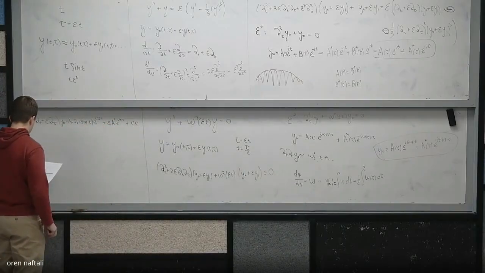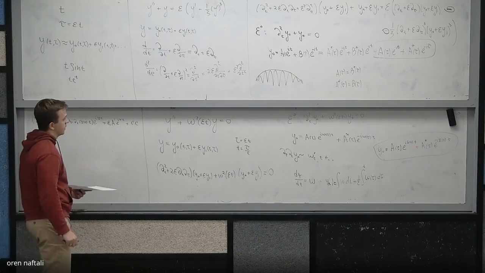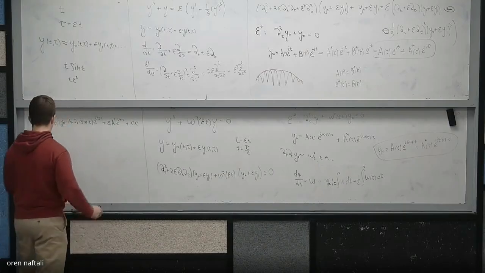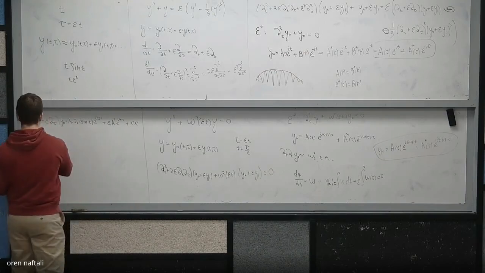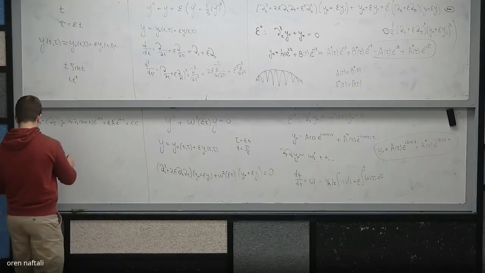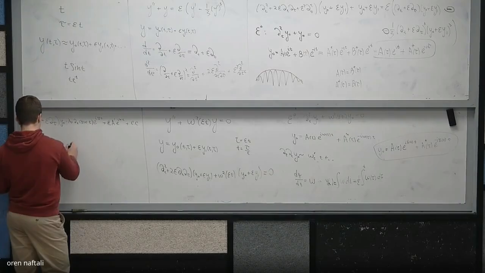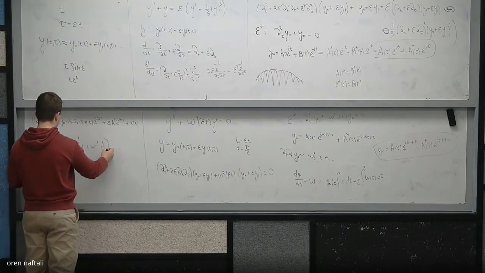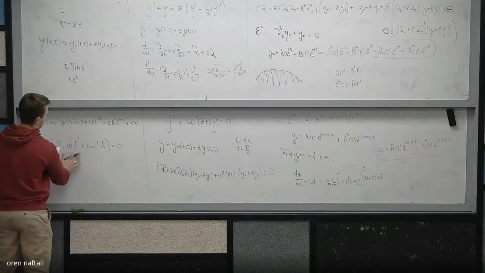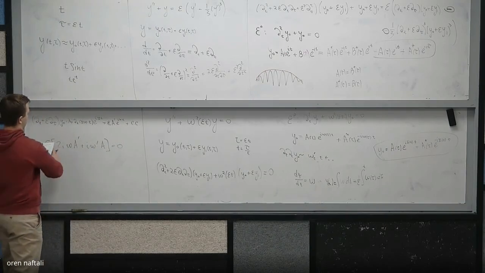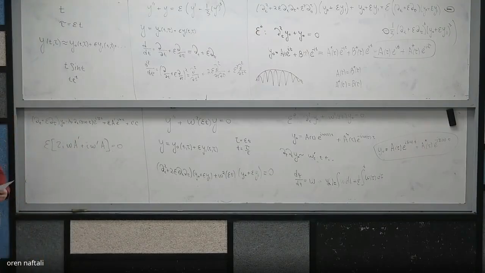Then I substitute all of this into the second order equation, and I'll have epsilon times 2i omega times A prime plus i times omega prime A. So this is my resonance term, and I want this to be equal to zero.